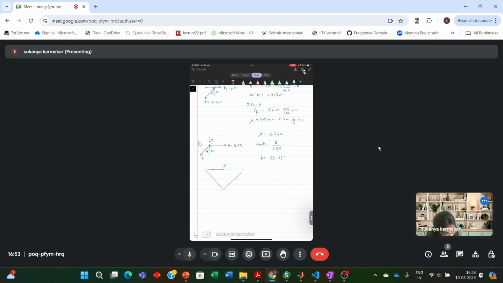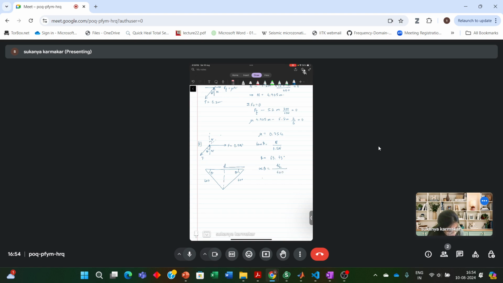That this is D, this angle is theta, this angle is theta, the length of the chord is 600 and 600, and you need to find the value of D. Cos theta will be D by 2.